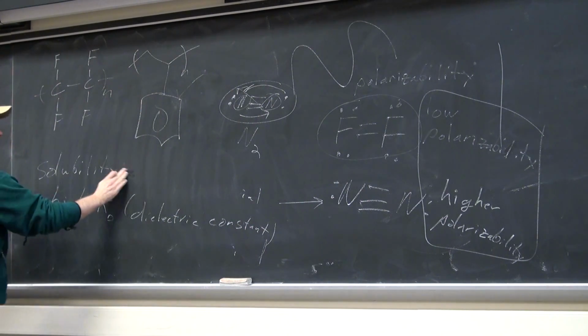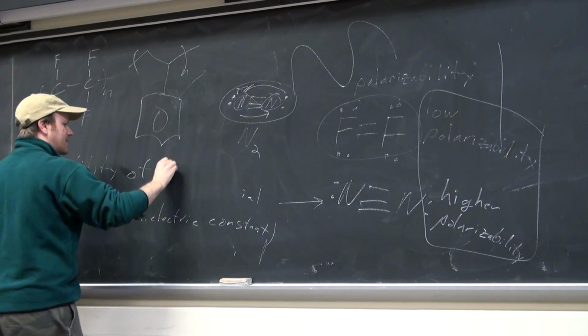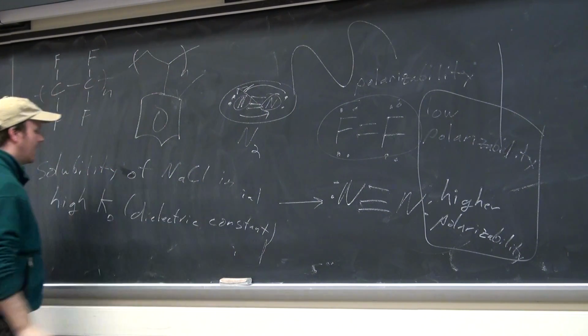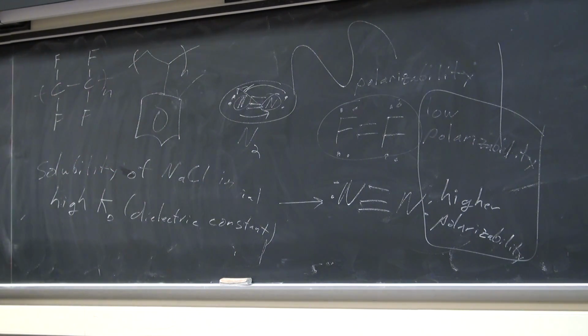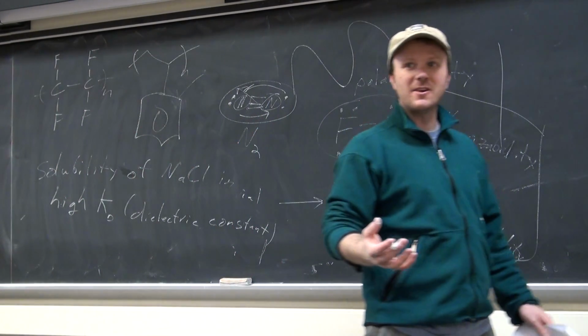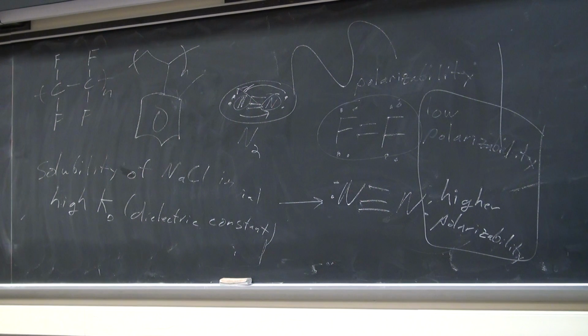So you get solubility of NaCl in high dielectric constant solvents, right? So is sodium chloride more soluble in hexane or more soluble in water? Water. Yeah, it's more soluble in water because water has a high dielectric constant and hexane has a low dielectric constant. Let me, oh, it's right there. There we go.